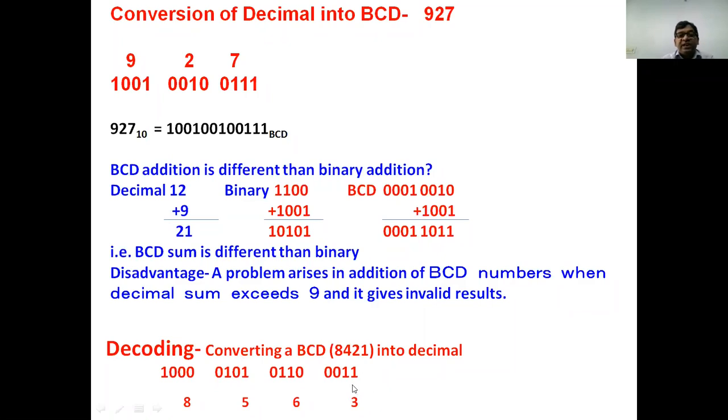For example, in this case, 0011 is 3, 0110 is 6, 0101 is 5, 1000 is 8. So this can be written as 8563.